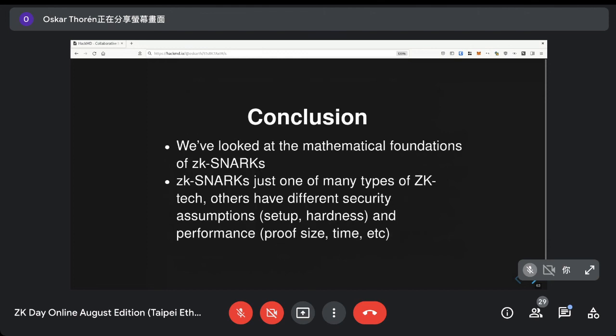So we looked at zk-SNARKs, what they are and what they're useful for. And then we looked at the mathematical foundations underlying them. We looked at polynomials, why they're used in zk-SNARKs, and their properties. We looked at how to prove that we know a polynomial, and how to hide information with homomorphic encryption. We looked at how we can use the knowledge of exponent assumption to ensure soundness.